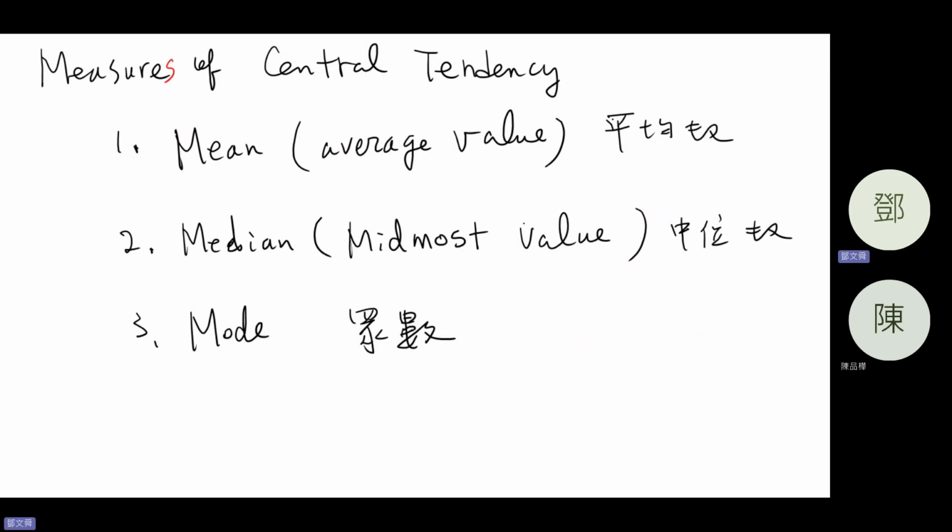The first one is the mean, or you can say average value. And then median. Median is the midmost value. And the mode.